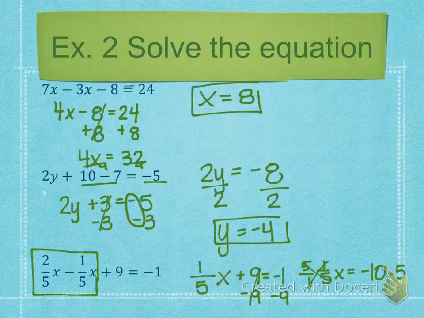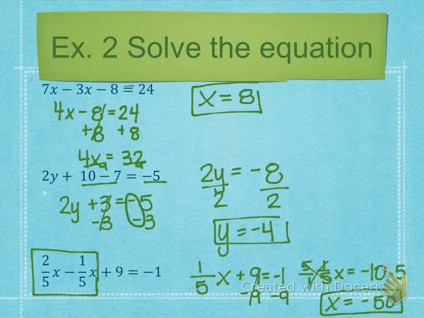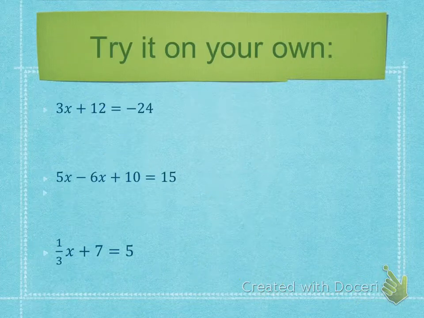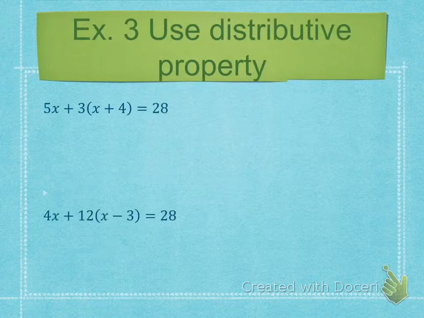I can write my 5 right there. See, that wasn't so bad on the fraction side, was it? So now I get x equals what? Negative 50. Okay. You want to multiply. All right. Okay. I'm going to skip this step and we're going to go straight on to example 3.